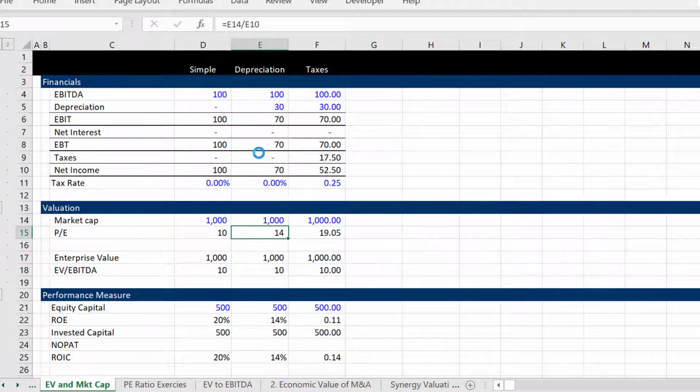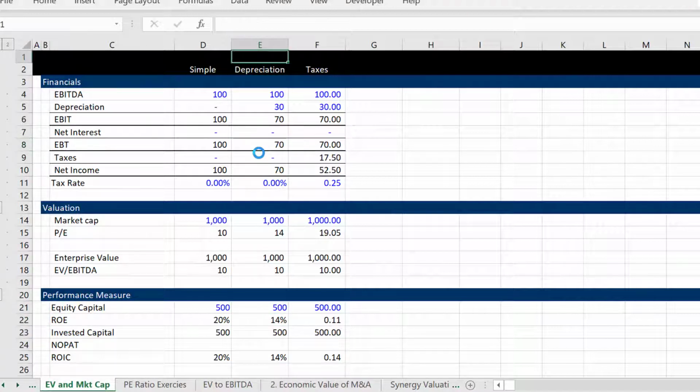We're taking our value divided by the lower income. So we get a difference. Our depreciation causes a difference between our PE and our EV to EBITDA, and it doesn't cause a difference here in the ROIC yet.